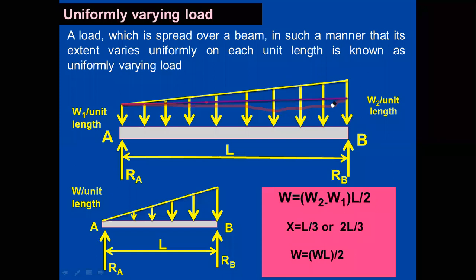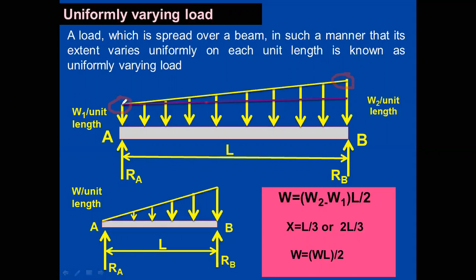But in a uniformly varying load, what is happening? For every unit length, the load varies in a gradually increasing manner. Here you see the intensity at the starting point is W1 per unit length, and the intensity at this point, B, is W2 per unit length. For example, if I assume W1 equal to 5 kilonewton, then W2 will gradually increase to, say, 50 kilonewton per meter.